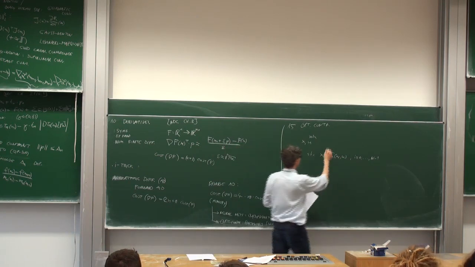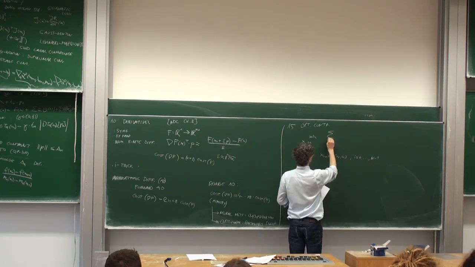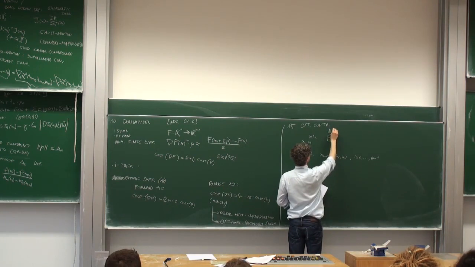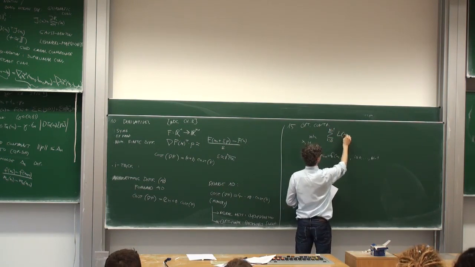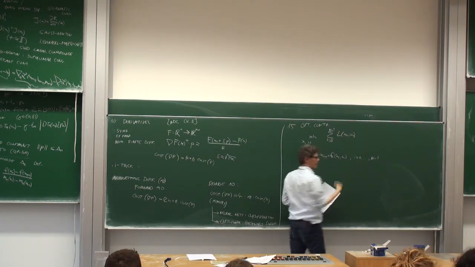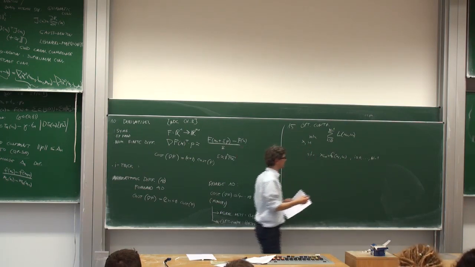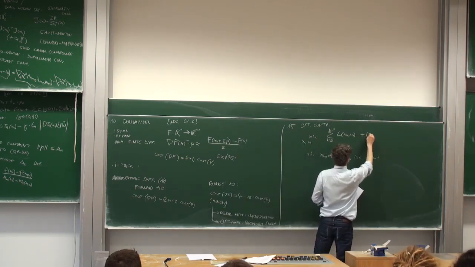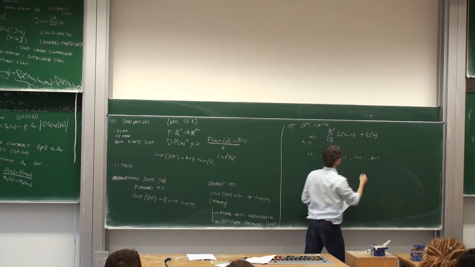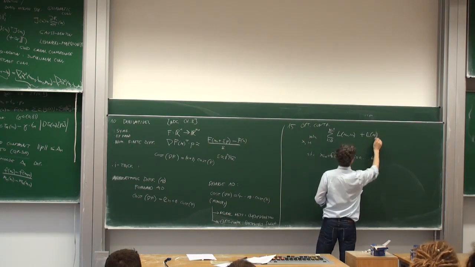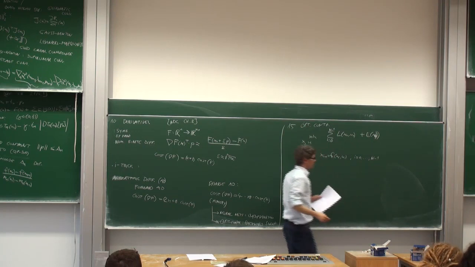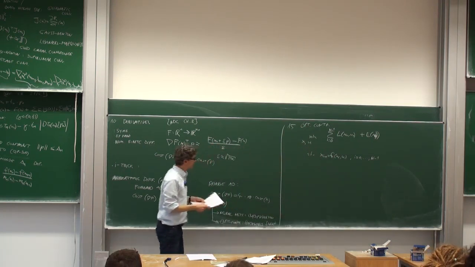We also have an objective that is a sum from 0 to N minus 1 of some terms that depend also on these states and controls. And it might also be that we have a terminal cost that depends on the last state only, x_N. And we might have more constraints.